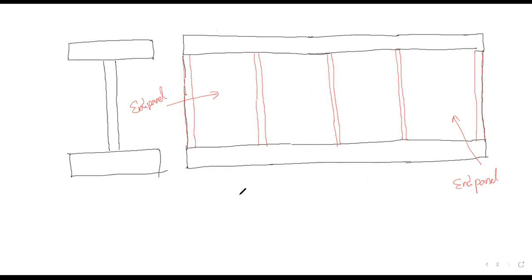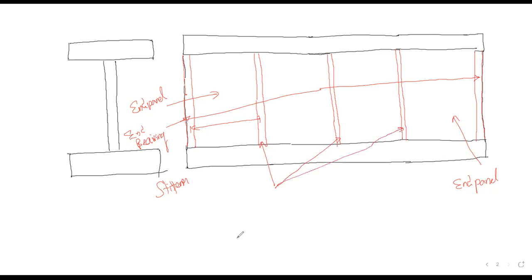Here, the spacing between the stiffeners: this is an end bearing stiffener, and this is also. These two are end bearing stiffeners, and whatever we have at mid is called our intermediate stiffeners.